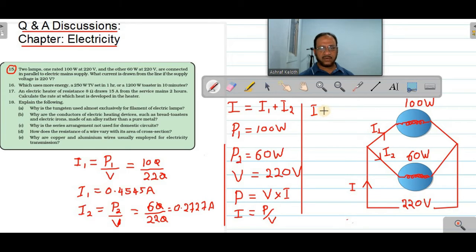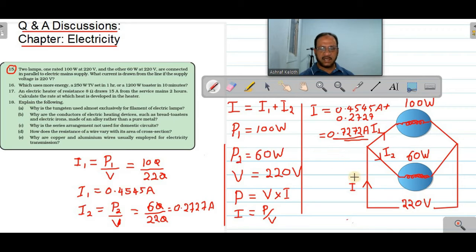Therefore, the total current in the main line, current I, is equal to I1 plus I2. That is 0.4545 ampere plus 0.2727 ampere, which is equal to 0.7272 ampere.